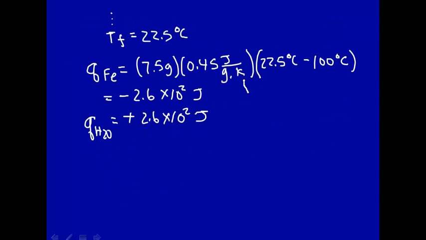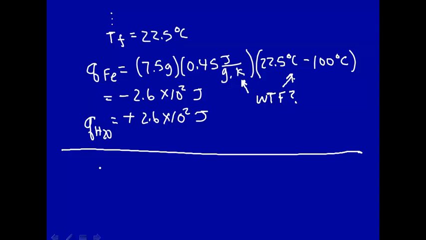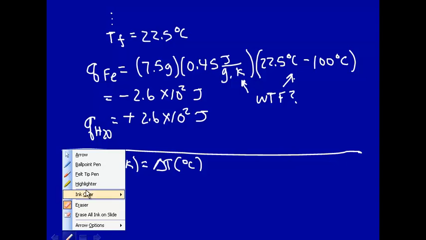Now you're probably wondering, here we have Kelvin, but here we have degrees C. So what's going on here? Well, I'm going to claim that a delta T in Kelvin is equal to a delta T in degrees C. Let's convert a degrees C to Kelvin, using real numbers.